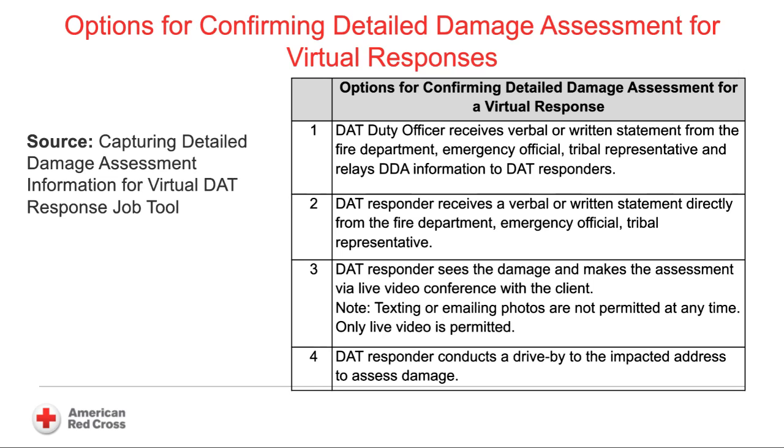So it may be more of a backup for confirming, but that would not be the primary method for receiving the damage information. If there's still a question about that, we could take that one offline to discuss more.